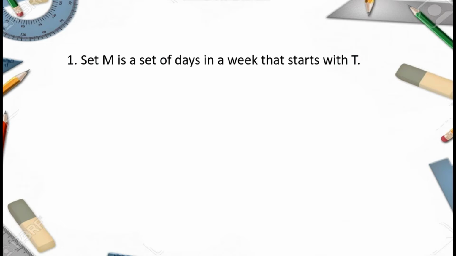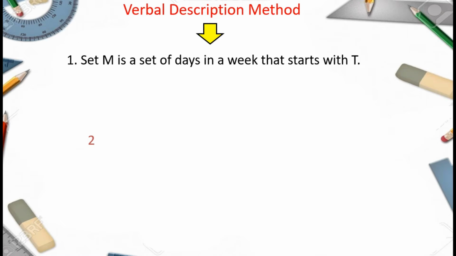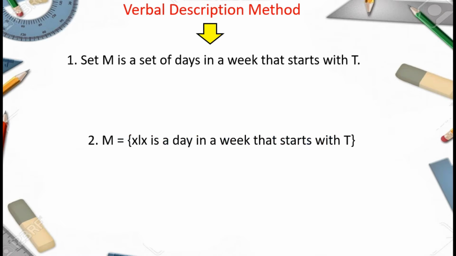Set M is a set of days in a week that starts with D. This set is written using the verbal description method. Set M is a set of all x's such that x is a day in a week that starts with D. While this set is written using the set builder notation method.